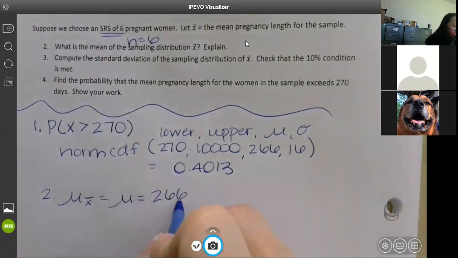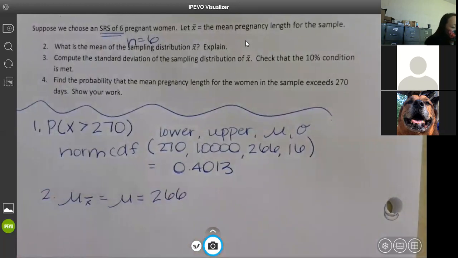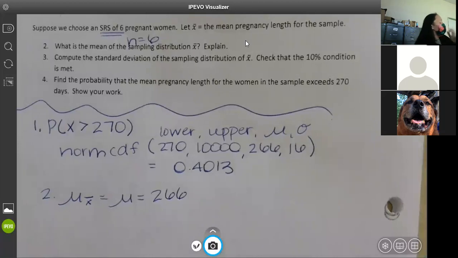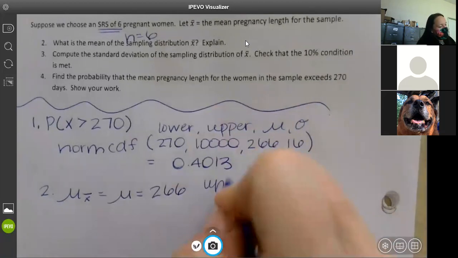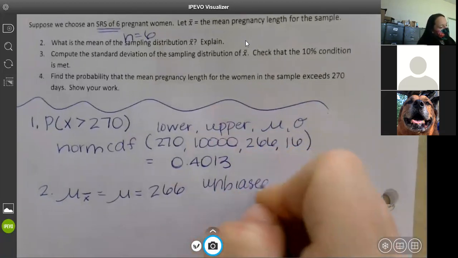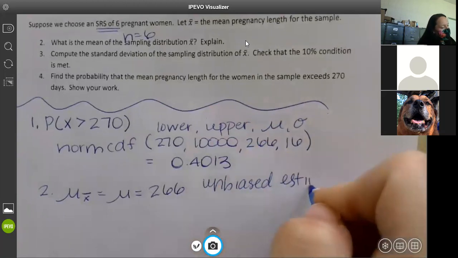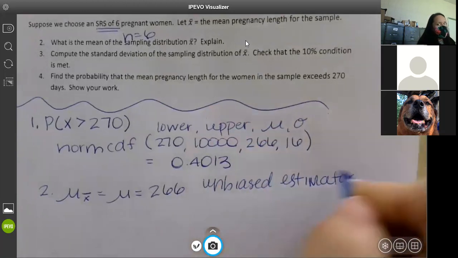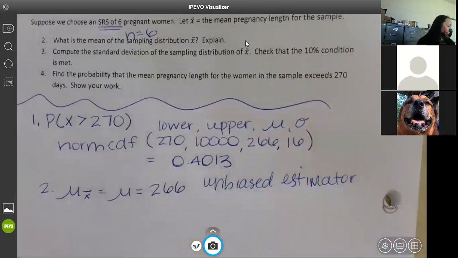Why is that the case? What did I tell you earlier? Why can we use the same thing? It's an unbiased estimator.